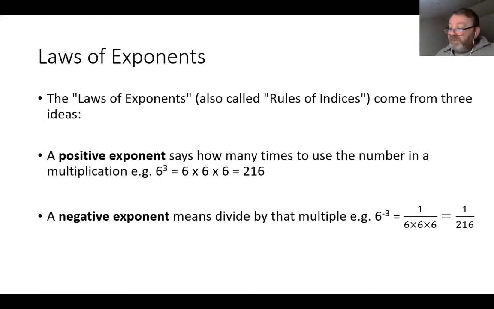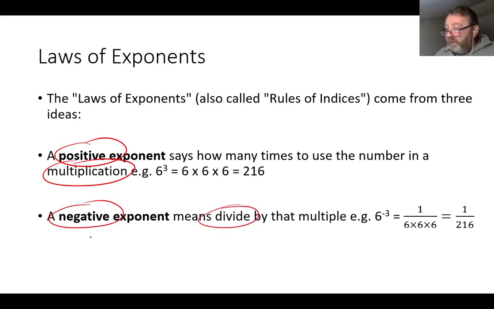So in other words, if I have 6 to the minus 3, it can be taken as 1 divided by 6 to the 3. So because a positive exponent involves multiplication, a negative exponent will always mean division. So when you get a negative exponent, you will always be forming a fraction with the numerator 1. Okay, now that's extremely important.